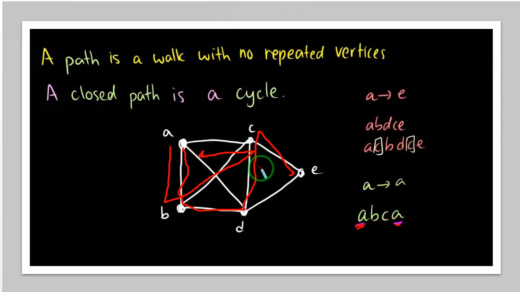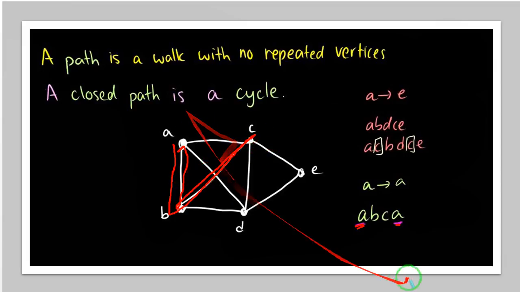But we cannot use it like this: from A to A, A to B, then B to C, then from C to B again, and then move again to A. In this case it will not be a path, because a vertex is repeated. For a closed path only the start and end may coincide, but you cannot repeat other vertices and move like that.